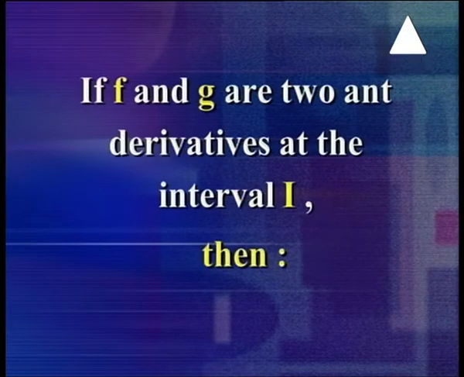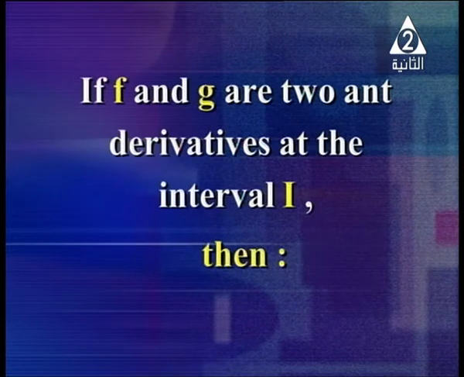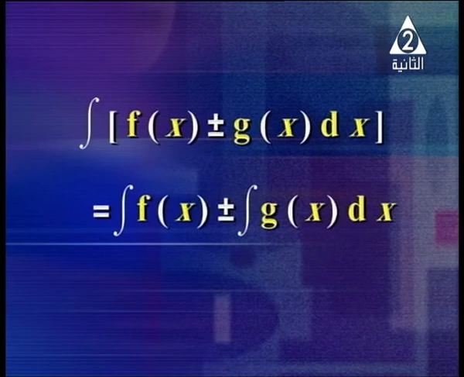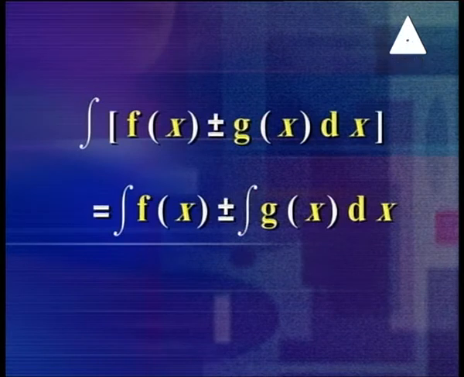What is the first? Dear student, if we have f and g are two differentiable functions on the interval I, then what do you deduce? Integration of f of x, positive or negative, g of x dx equals integration of the first f of x dx, positive or negative integration of the second g of x dx.